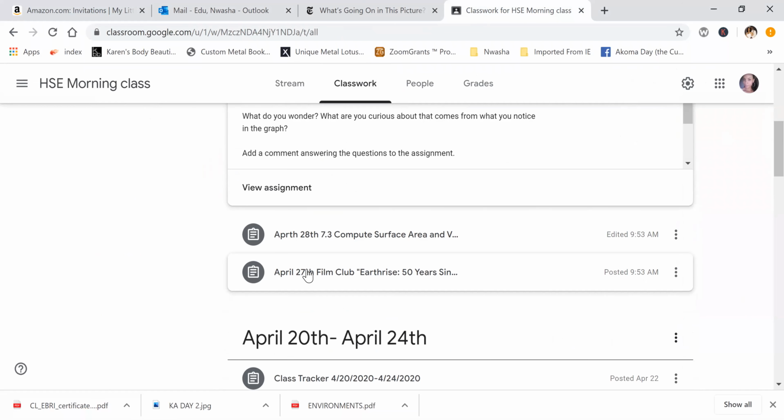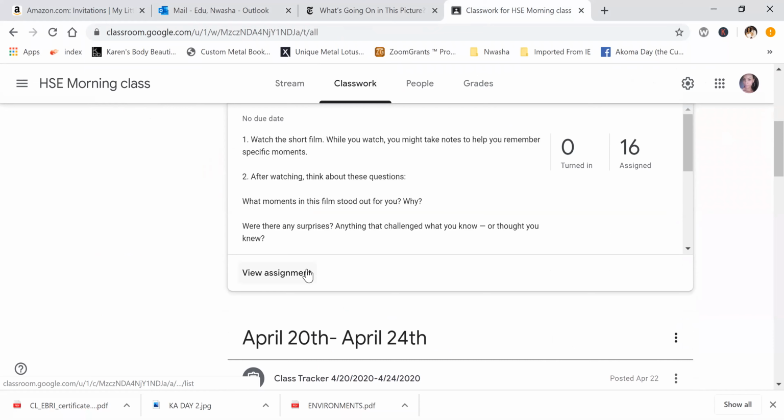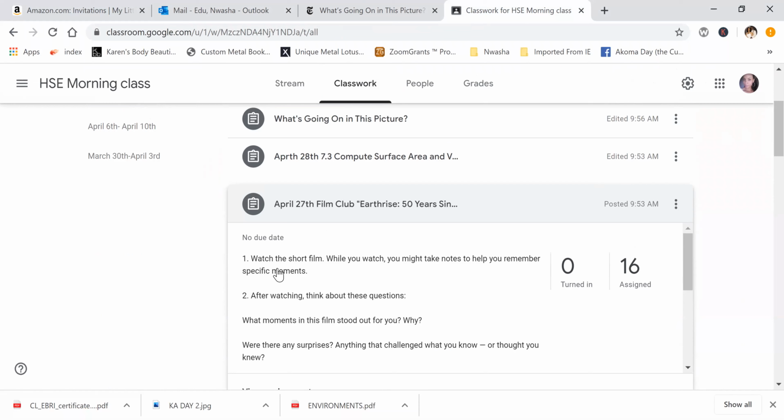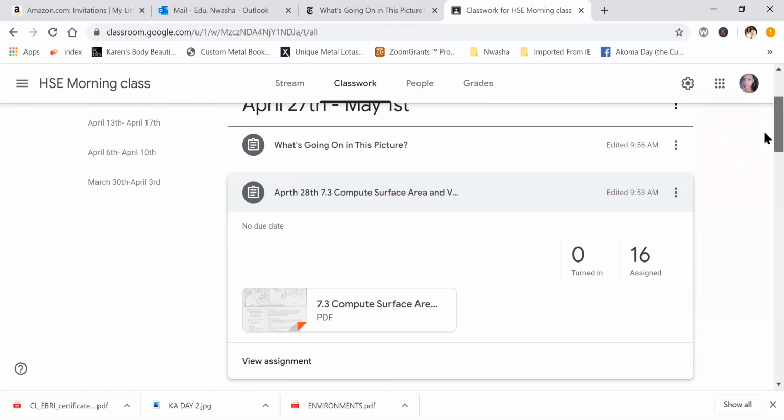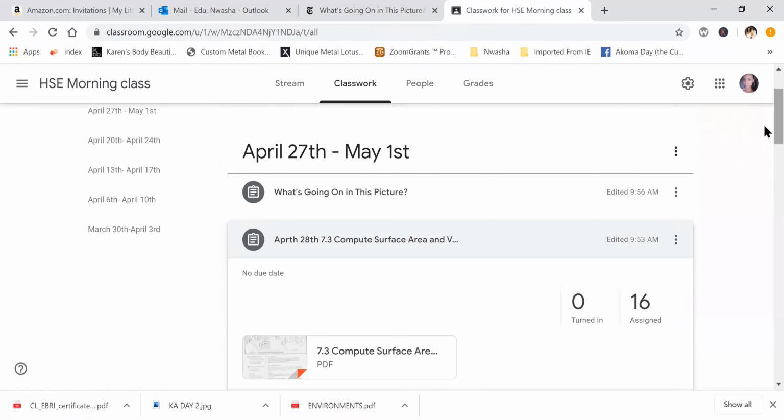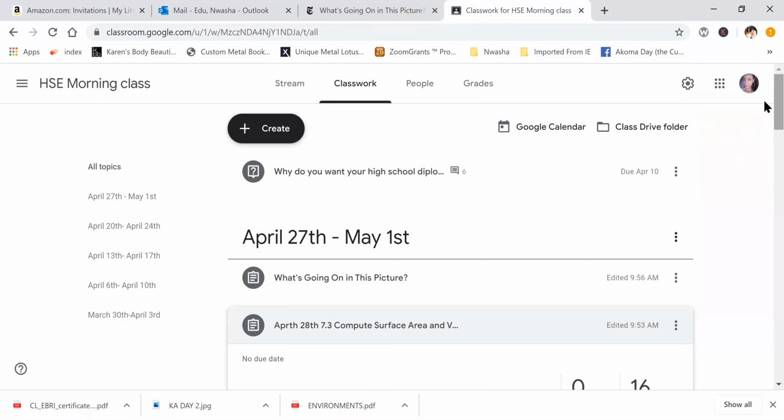There's also something along the lines of Earth Day from last week. There's a short film that you can watch for science, and then the textbook is up there. So the only thing that I have to put up, really, is for tomorrow. It's already saying April 28th. For today, it's just going to be the Math is Fun. So that'll go up in two minutes if you're in the mood to do it now.